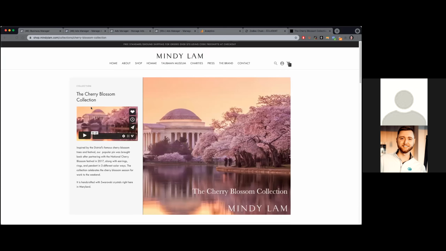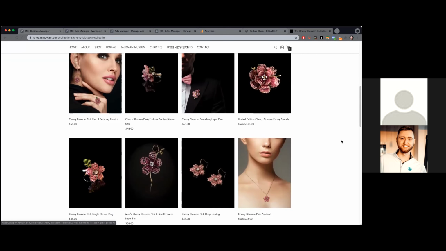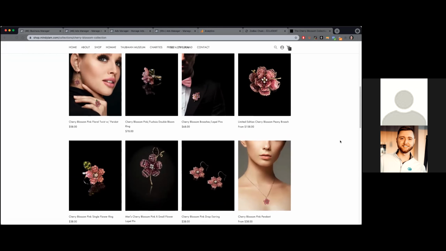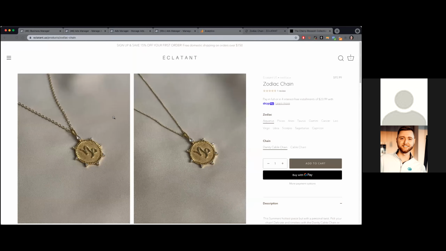And then scroll down. Right here, see how the product is super zoomed in and it's almost on a black background? Now go to the other one you have pulled up. Look at this, it's at an angle and on a cloth. It needs to be a lot more focused on the product.